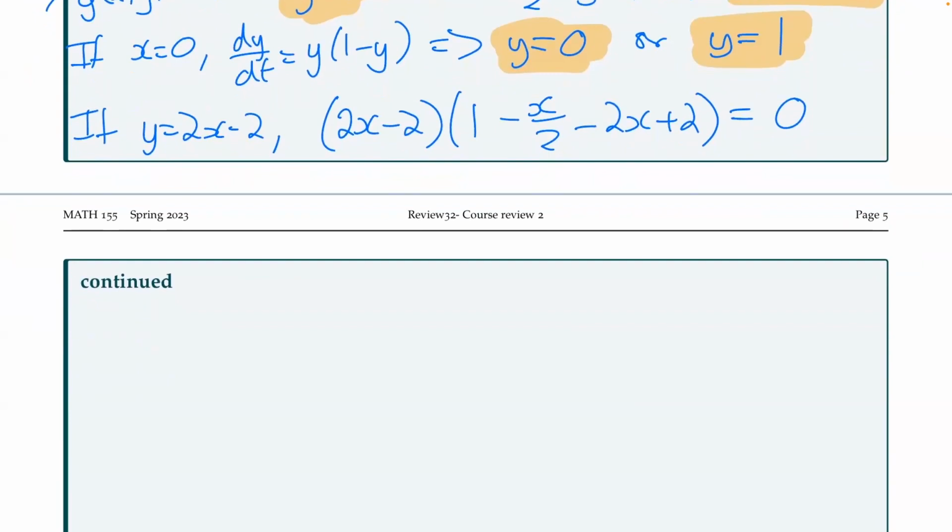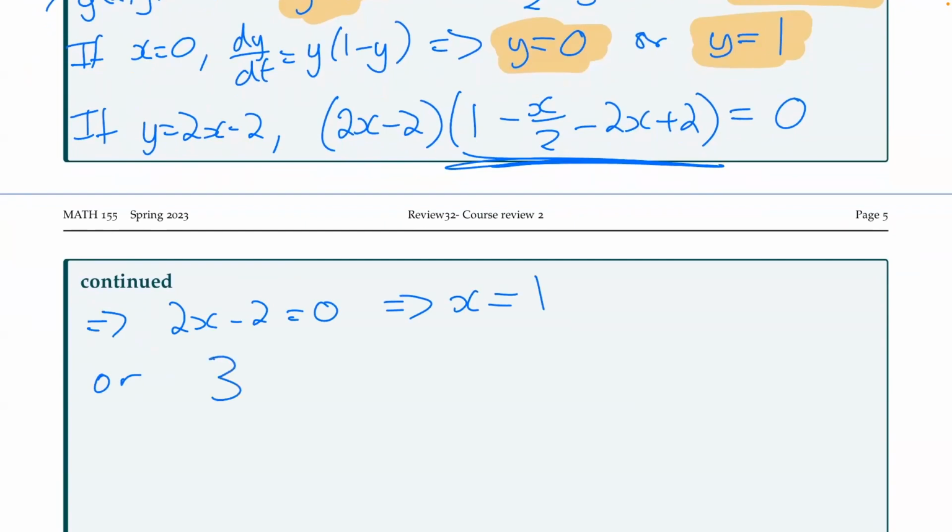So we can tell immediately from this that we either need 2x minus 2 to be equal to 0, which implies that x must equal 1, or we need the thing in the brackets here to be equal to 0. We're going to have 1 plus 2, so a 3 minus 2x minus 5x over 2 equal to 0.